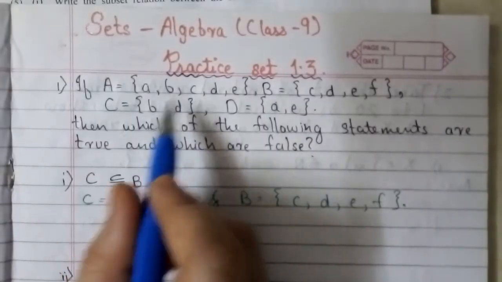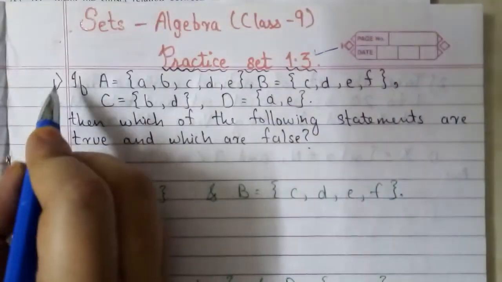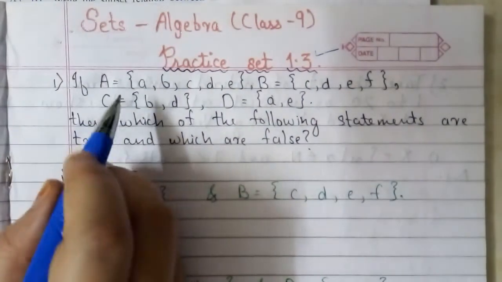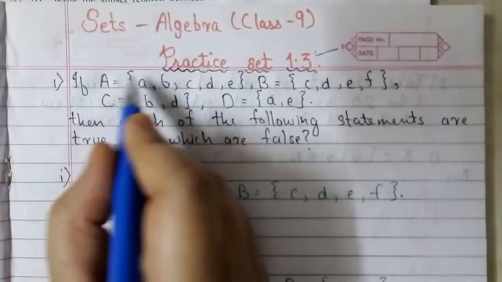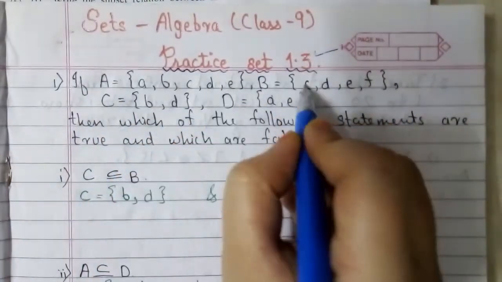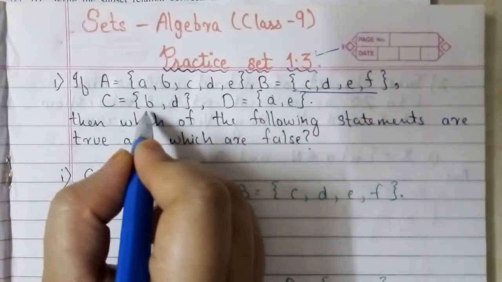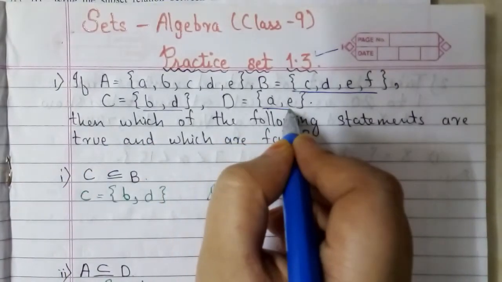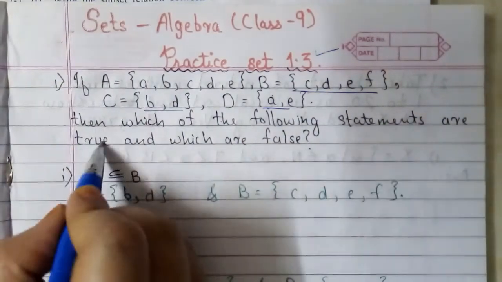Okay students, now let's solve practice set 1.3. I have written the questions from the book, so let's solve them one by one. The first question is: if A is equal to, that means the elements of set A are A, B, C, D, E, the elements of set B are C, D, E, F, the elements of set C are B, D, and the elements of set D are A and E. Then which of the following statements are true and which are false?